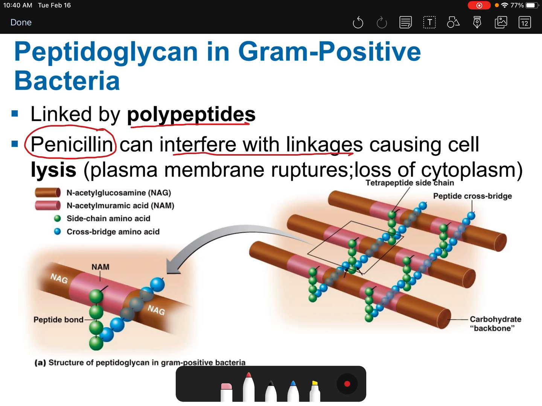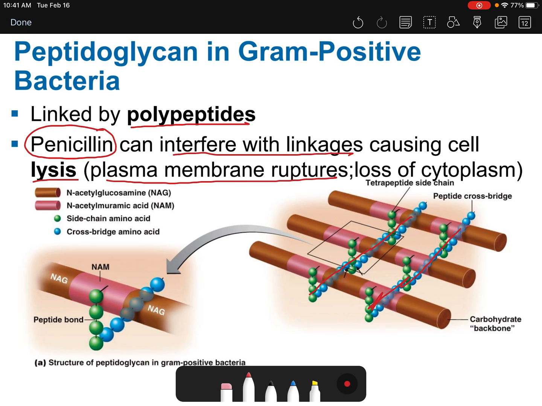Okay, so here you have these peptide cross bridges, that's the blue and green here, holding the peptidoglycan there, the NAG and the NAM sections of it. What can happen is penicillin can interfere with those linkages and cause cell lysis. That means that the plasma membrane ruptures.